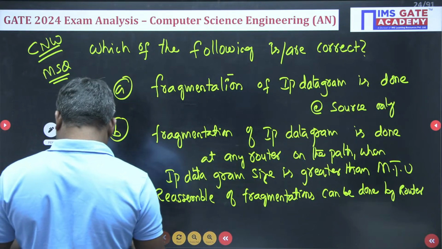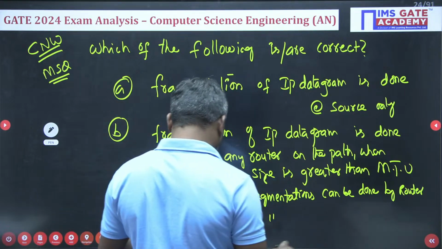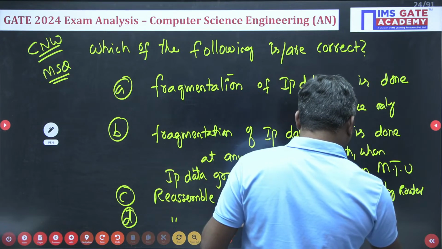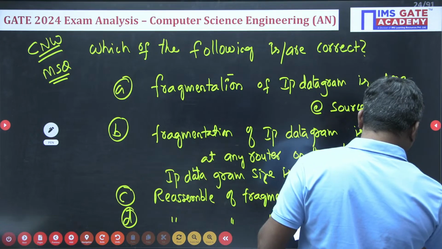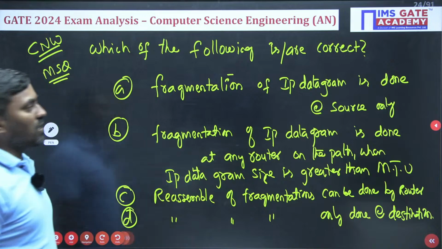Option D: reassembly of fragmentations is done only at the destination, only the destination. So these are the options.